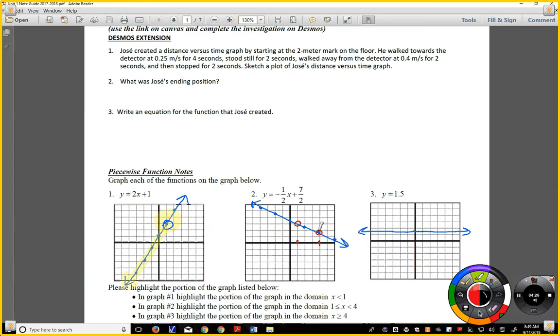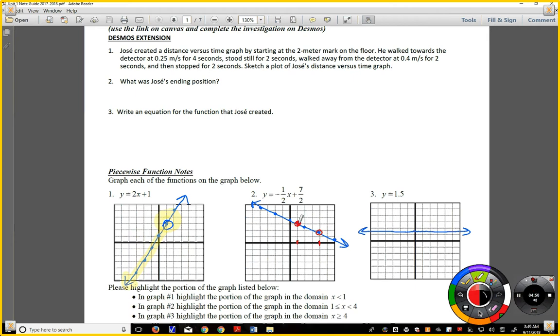In the domain restriction on this piece of the graph, is x allowed to exactly equal 1, the way that the restriction is written? Yes. Then this point (1, 3) will be a point that is included in this segment, okay? Because x was allowed to exactly equal 1, so I include that point completely. Is the x value of 4 included in the domain restriction?